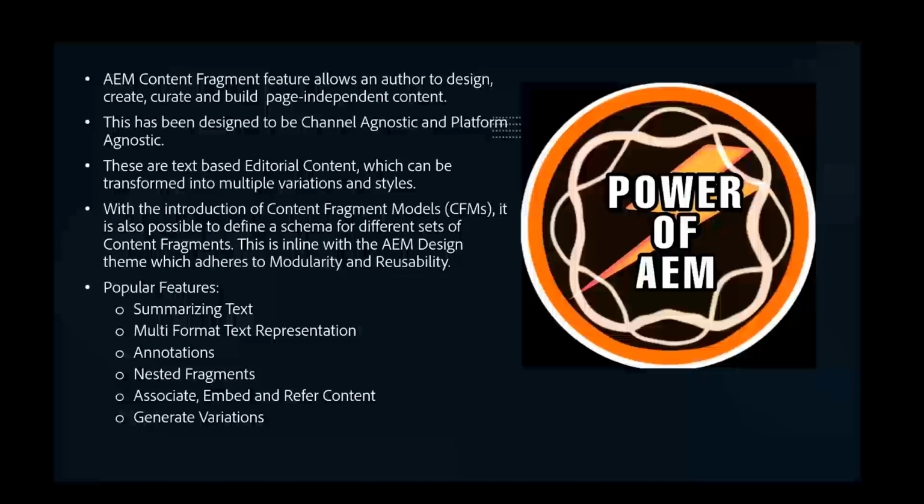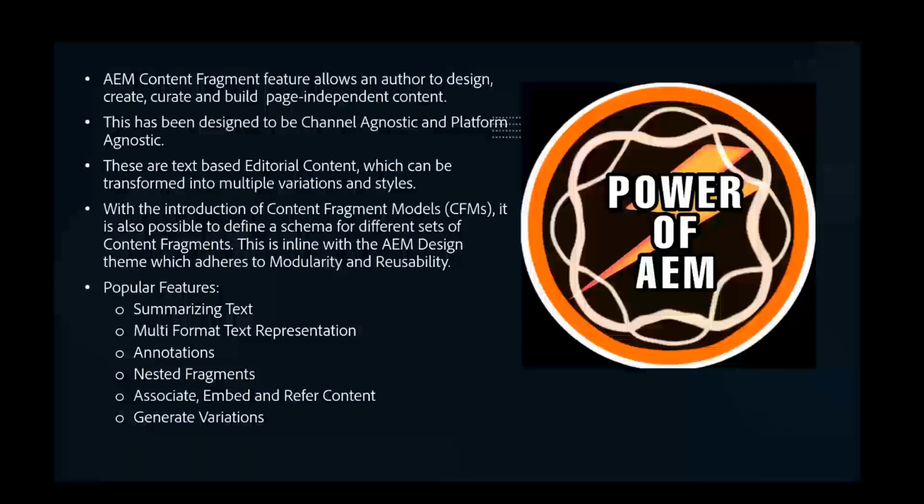However, there are multiple different popular features available with content fragment. Summarizing of the text is one of the features which comes with AI capability, so authors can easily summarize the text. Multi-format text representations are available where we can easily leverage the text and generate different formats of the similar text and apply different styles on that.